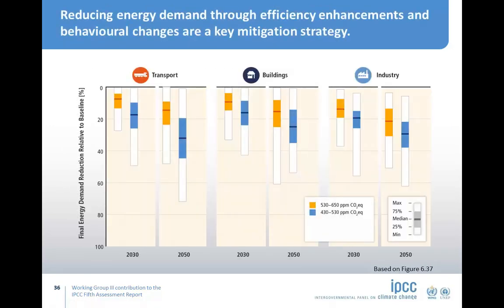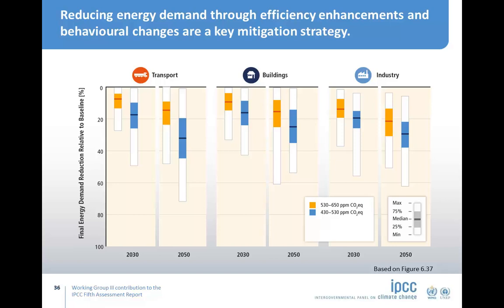So, reducing energy demand through efficiency enhancements and behavioural changes are a key mitigation strategy. And we look again at transport, buildings and industry. And again we're looking at the 2 relevant scenarios, the 3-degree scenario in orange and the 2-degree scenario in blue.